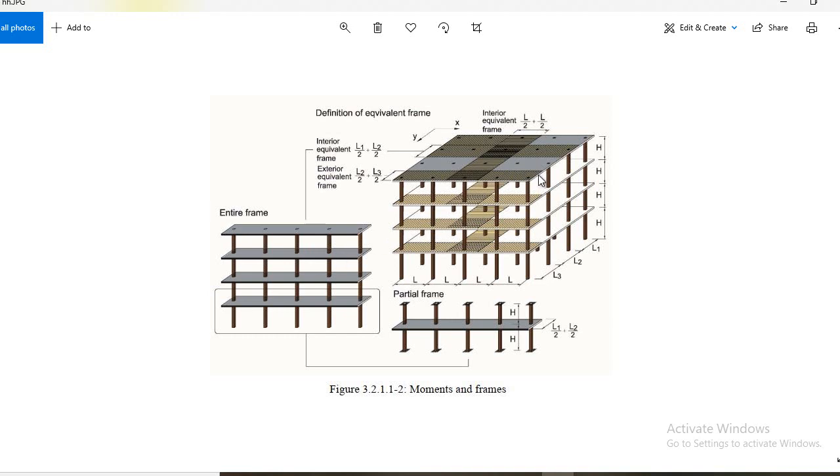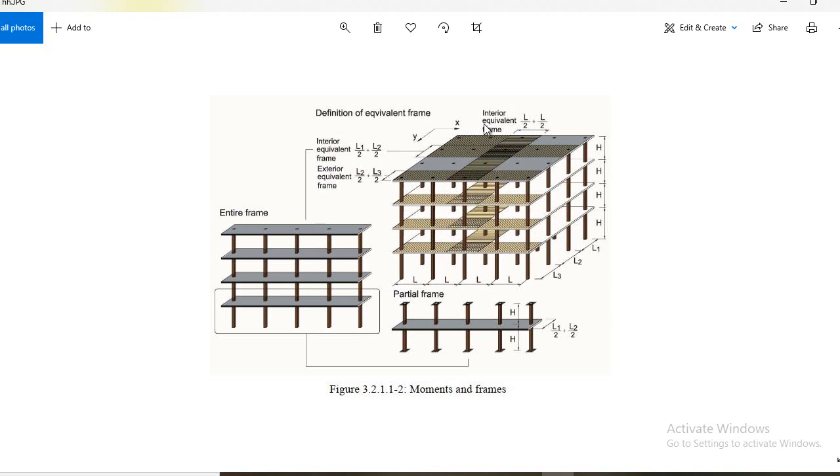First of all, if you are going to extract any 2D frame from a 3D frame, there must be a procedure that explains how to do it. The equivalent frame method is that procedure, which explains how you extract a frame from a 3D system and convert that 3D frame system to a 2D frame system.